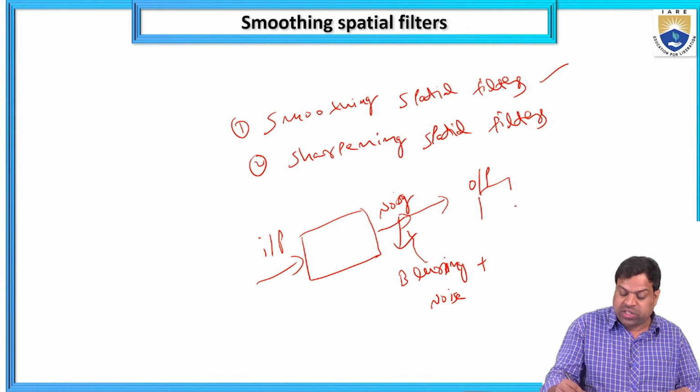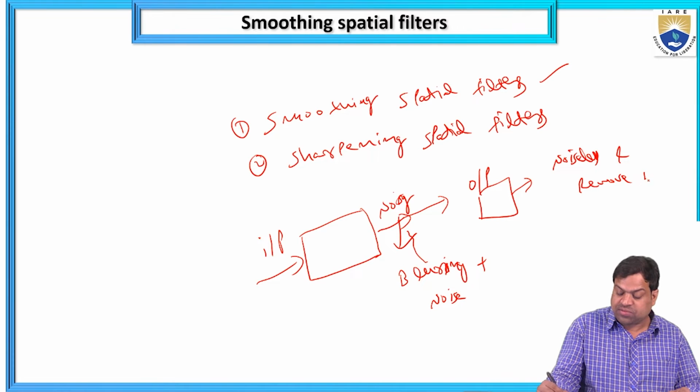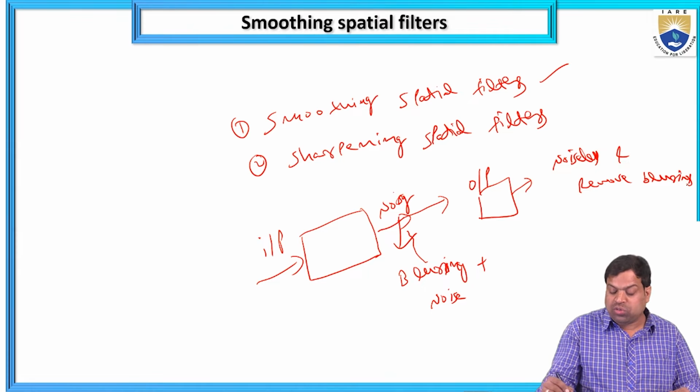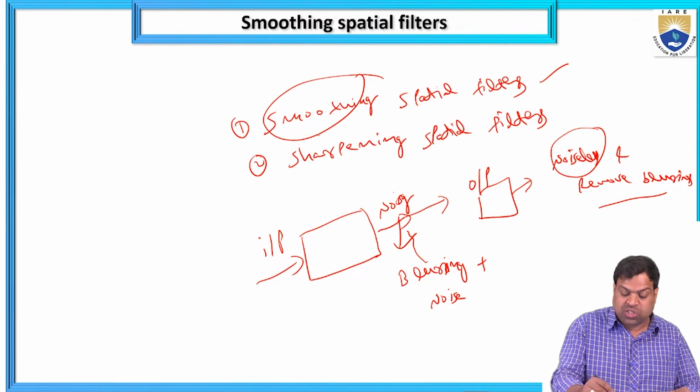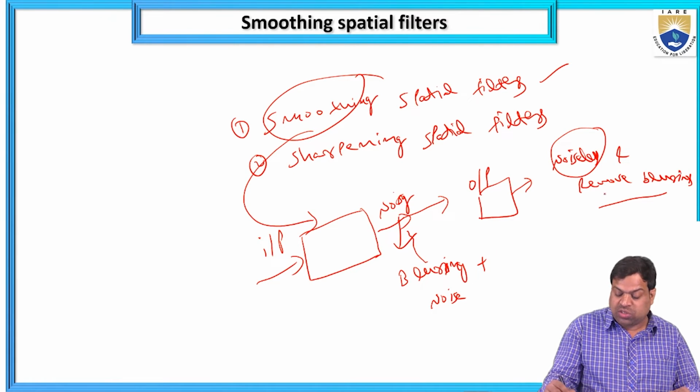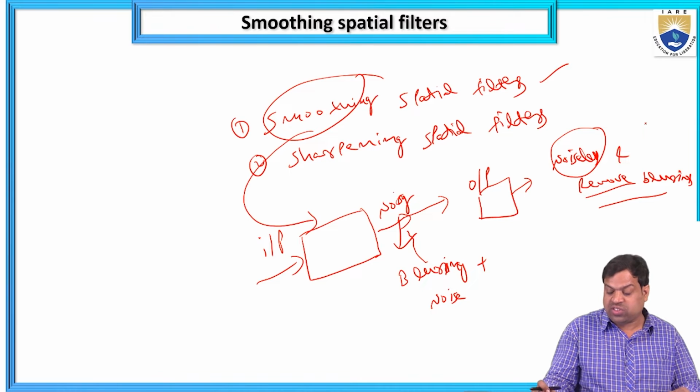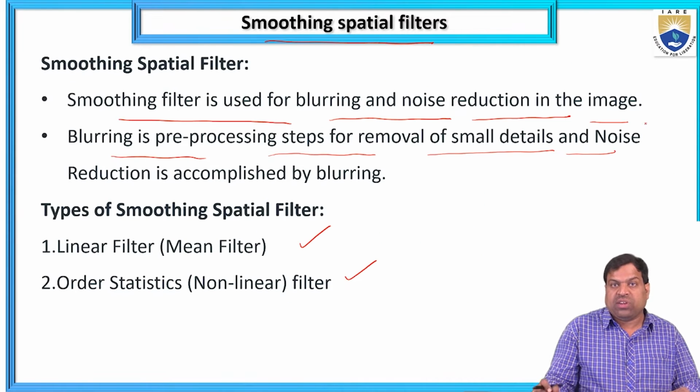The output image is noiseless and the blurring is removed. We have to remove the blurring and the noise in the output image. The smoothing spatial filter is used to remove the blur and noise. This is the concept of smoothing spatial filters.